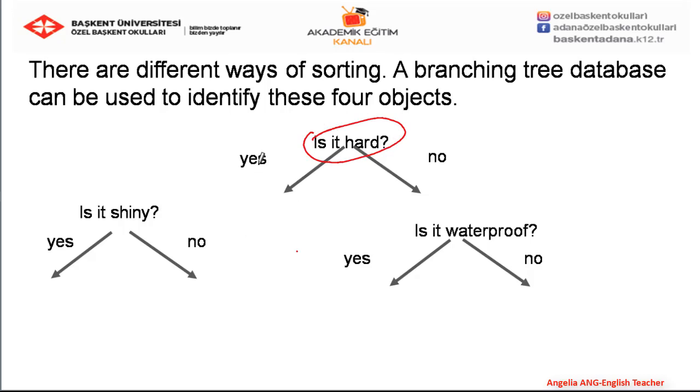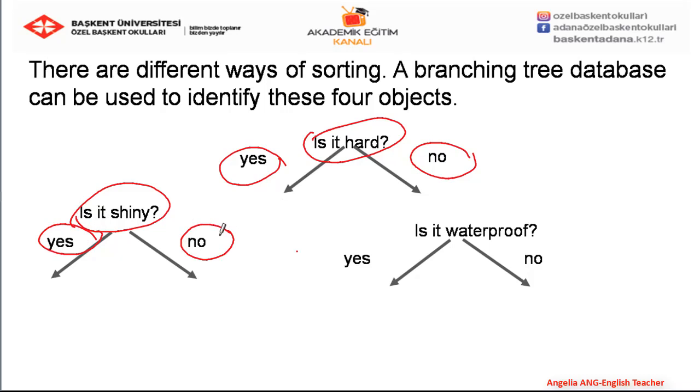It can be yes or no. You can ask, is it shiny? It can be yes or no. You can also ask, is it waterproof? The answer can be yes or no.